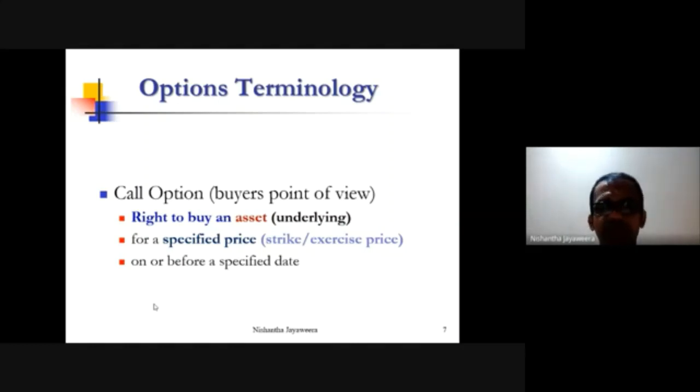What is a call option? The buyer of the call option, remember again, the buyer of the call option gets a right to buy an asset, or buy the underlying. And the price is specified and agreed, which we call the strike price or the exercise price, and on or before a specified date.